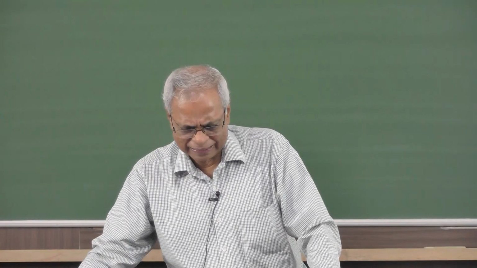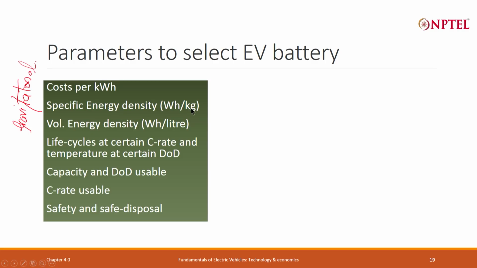One of the parameters that makes most difference is called specific energy density, sometimes also called gravimetric energy density. It is defined in terms of watt hour per kg. Why? Because almost all the items which use rechargeable are something that you carry along.